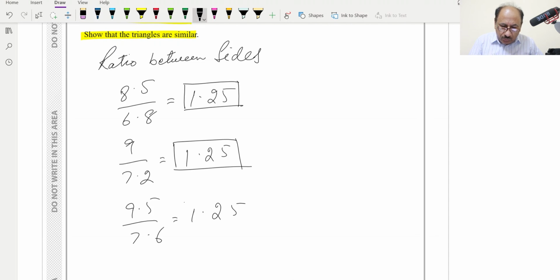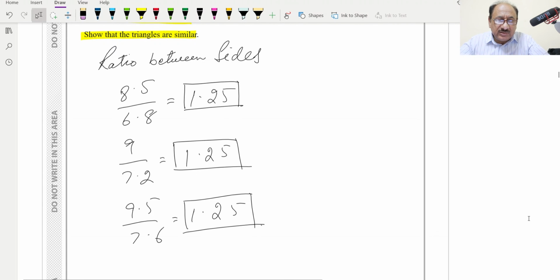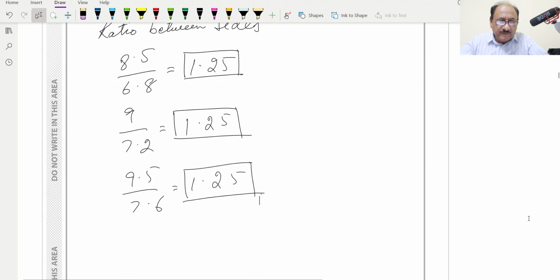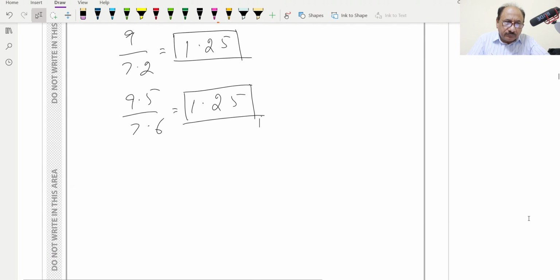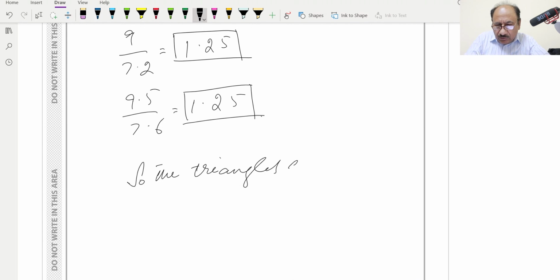So the corresponding ratios are the same. Hence we can say that these are similar triangles. So the triangles are similar.